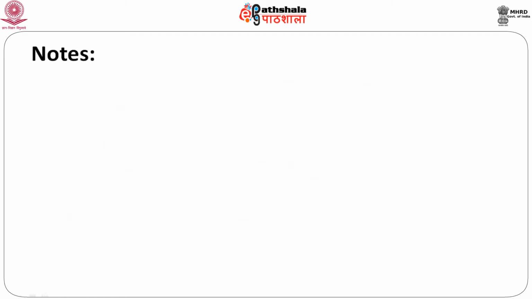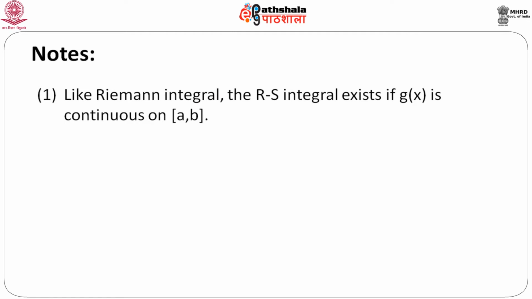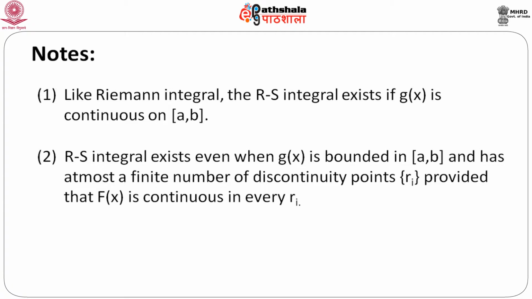A few notes: the Riemann-Stieltjes integral, denoted by the RS integral, exists if g x is continuous on a b. It exists even when g x is bounded within a b and has at most a finite number of discontinuity points, provided that capital F x is continuous at every such discontinuity point of g x.